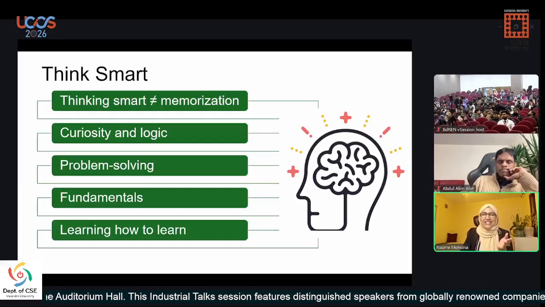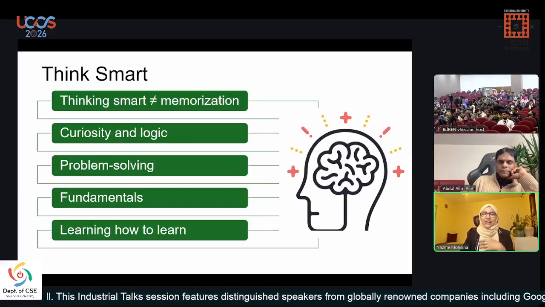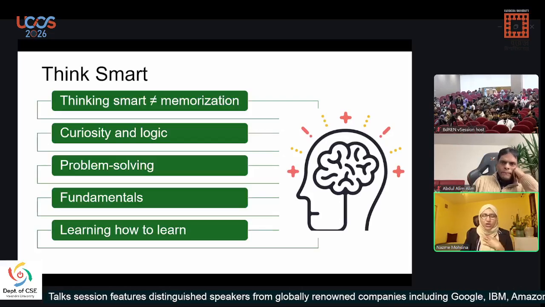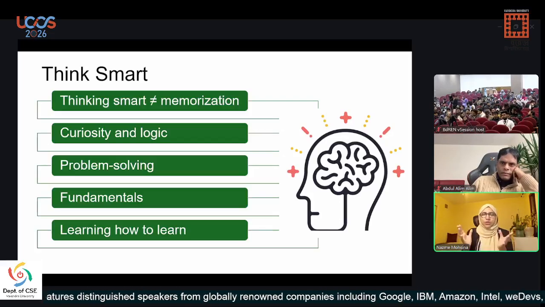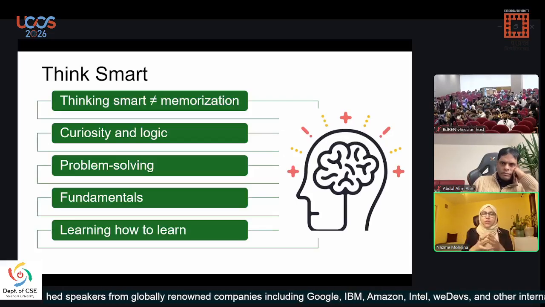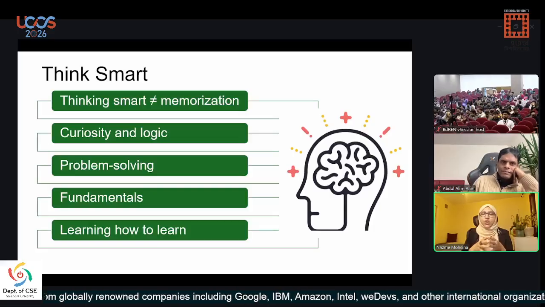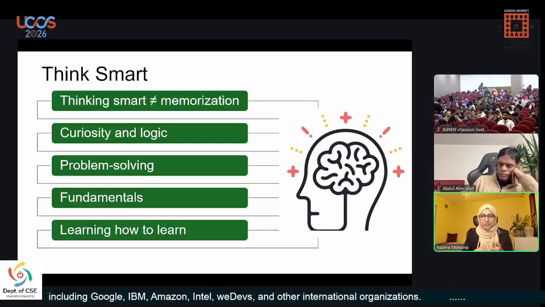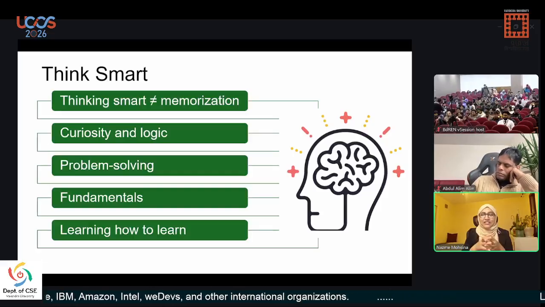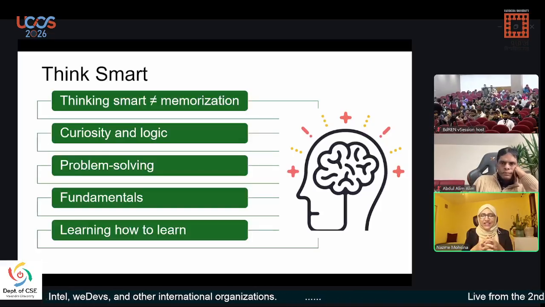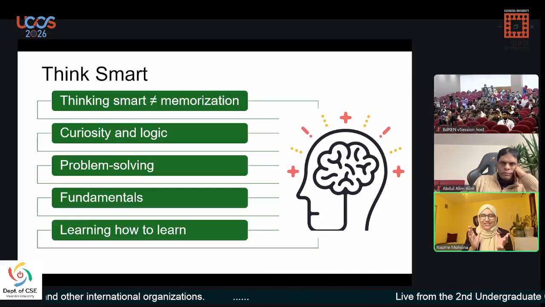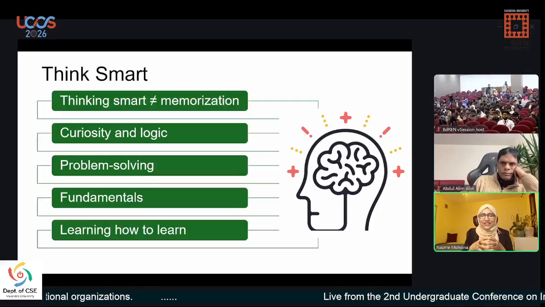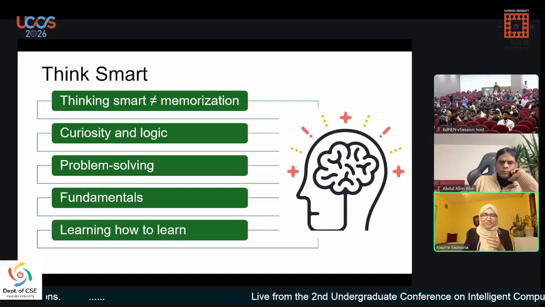Oh my God, if I ask this question, will people think I don't know it, or is it a stupid question? So encourage curiosity over fear of being wrong. The smartest people ask questions. Always remember, strong roots create tall trees.